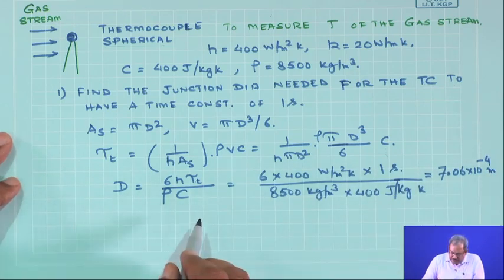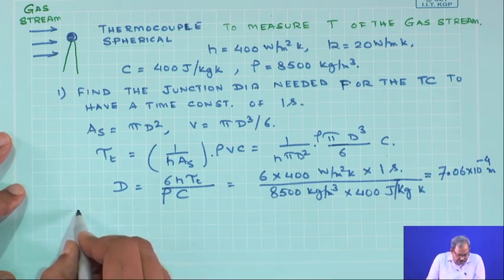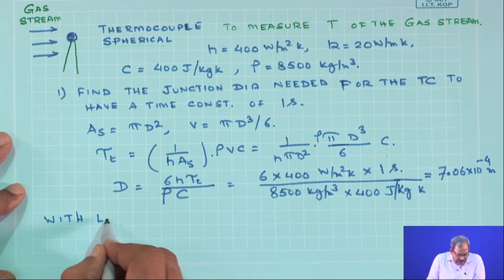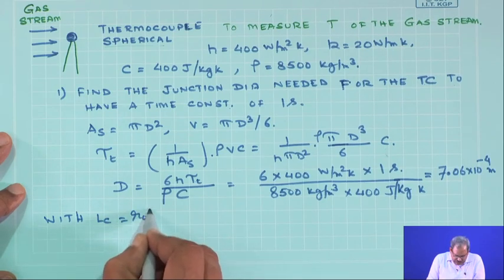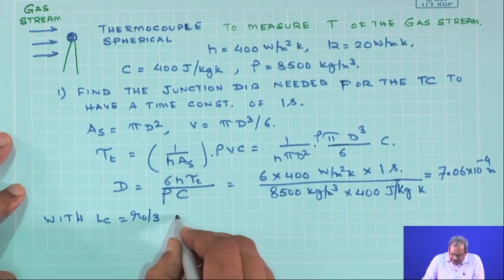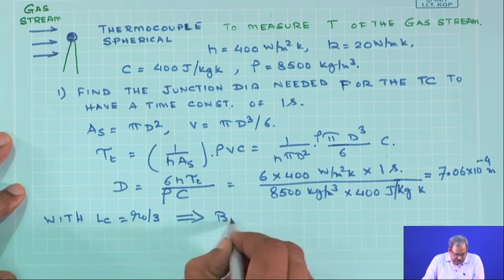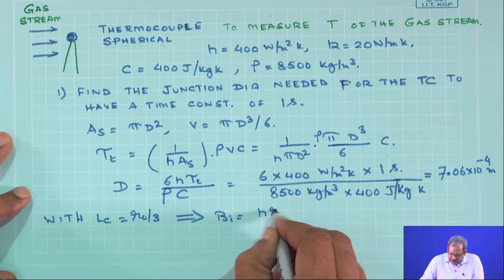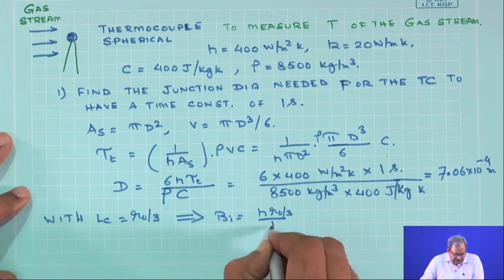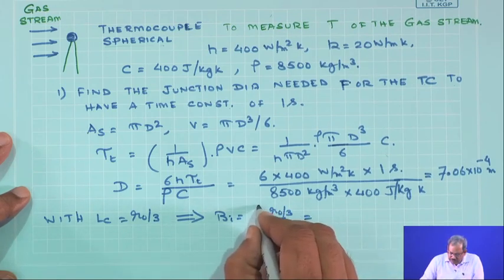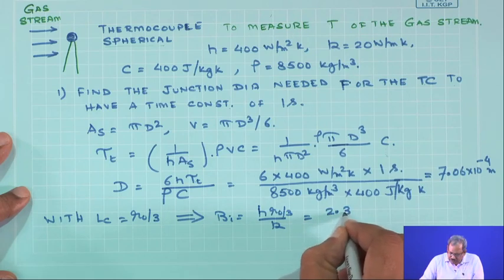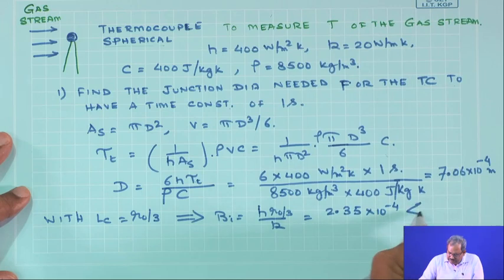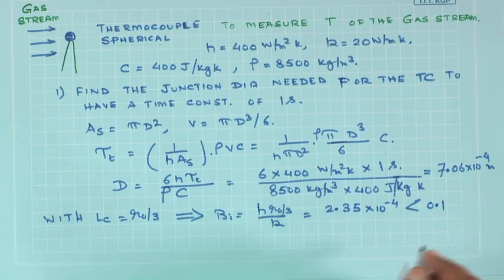Once I have the diameter, I must check the Biot number. With L c equal to R0 by 3, what we get is the Biot number to be H R0 by 3 times K, which when you put in the values, you would see is going to be 2.35 into 10 to the power minus 4, which is definitely less than 0.1.